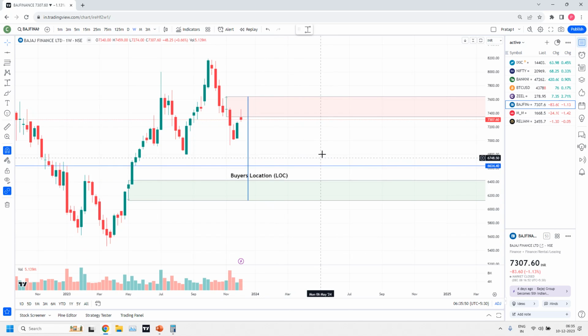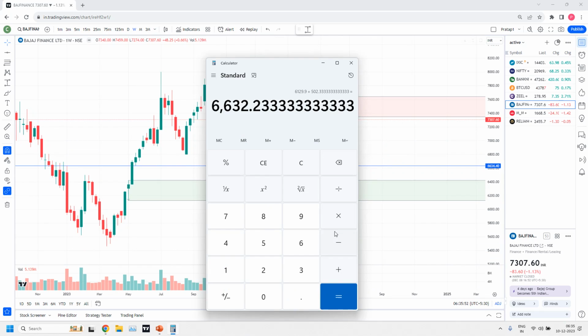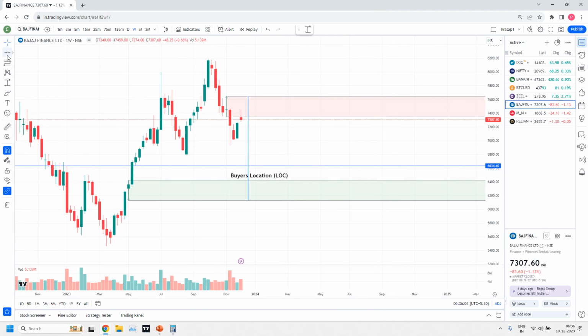Okay, from here we will add again another 502 points. So plus memory release 502, that equals 7134. Let us draw one more horizontal line at 7134 or 7135, either one. Here.